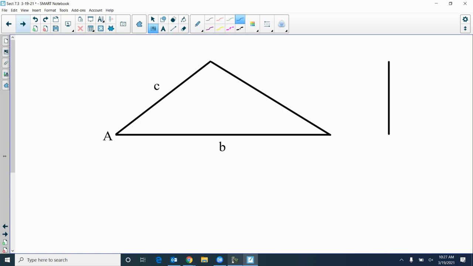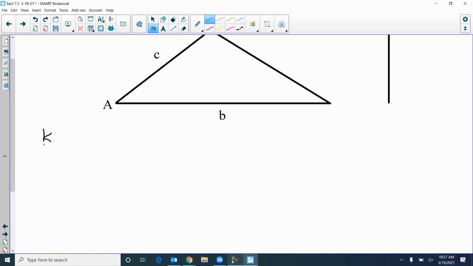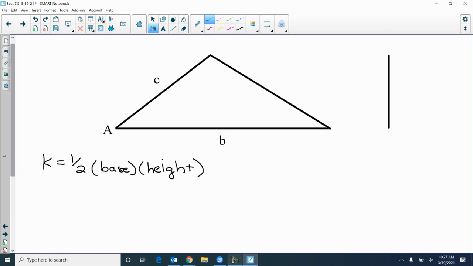So K is our letter of choice for area. K still equals 1/2 base times height. Actually, I'm going to write the base out. So now how do we find the height?